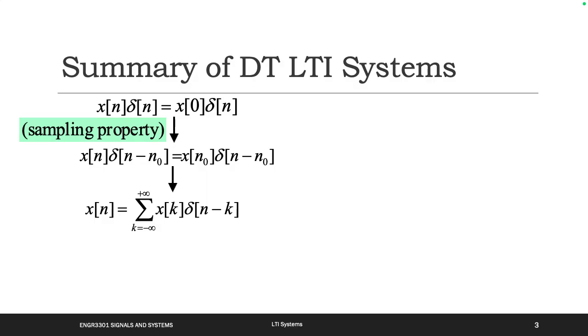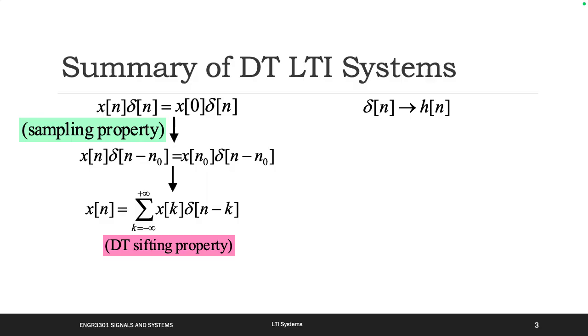We proved it in last week's class, the first class for chapter 2. If you want to know why this equation works, you need to recheck that. Any question for this equation? We call this the DT sifting property.